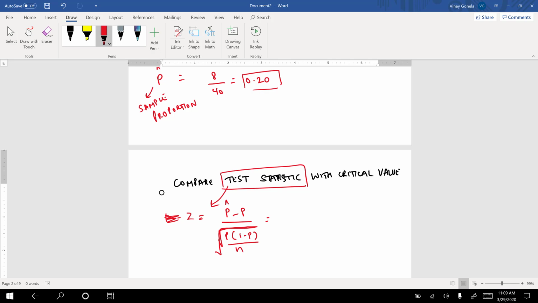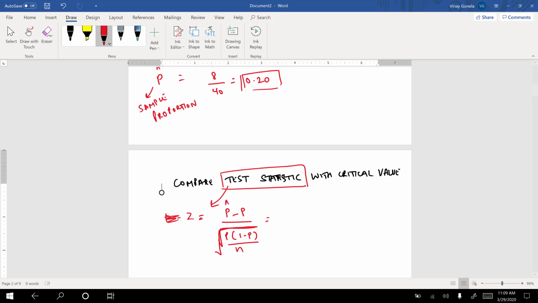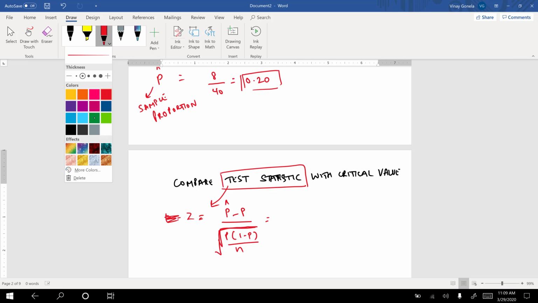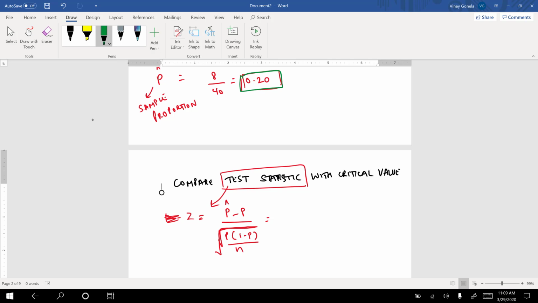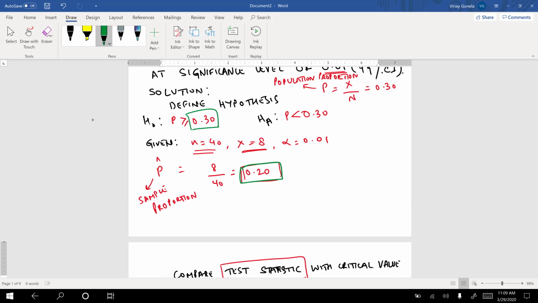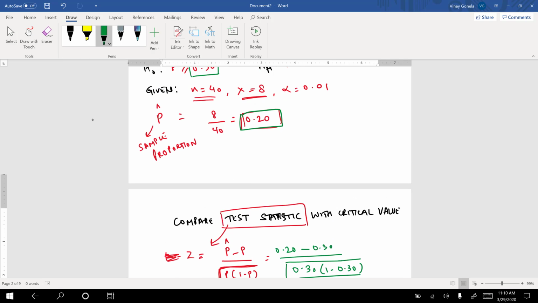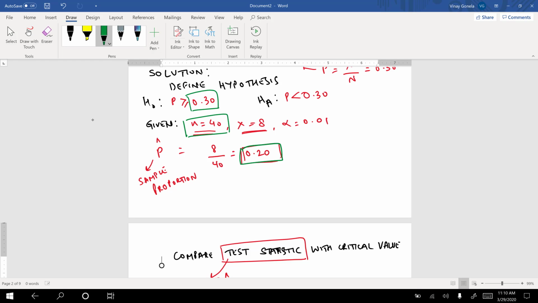Our p hat we determined as 0.20, minus p, which is the population proportion, 0.30, divided by the square root of 0.30 times 1 minus 0.30, divided by n, the sample size, which is 40.